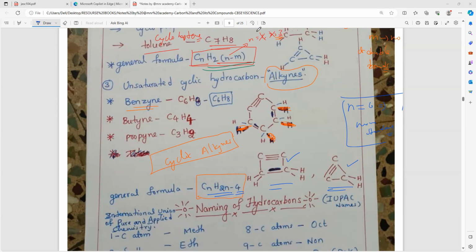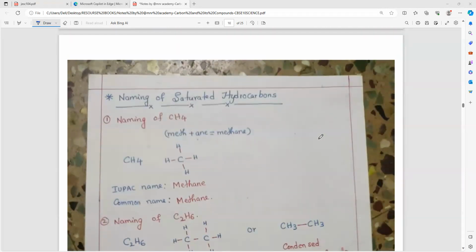I hope you all understand. Anybody having any doubt, you can ask me. But now your immediate duty is to write the general formulas of alkanes, alkenes, and alkynes.